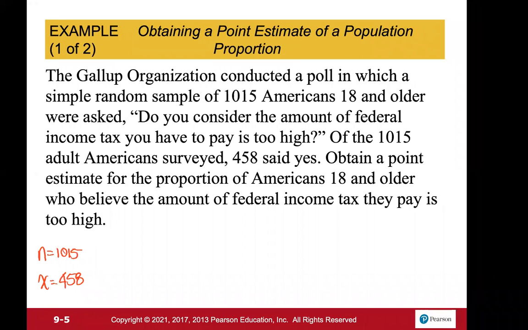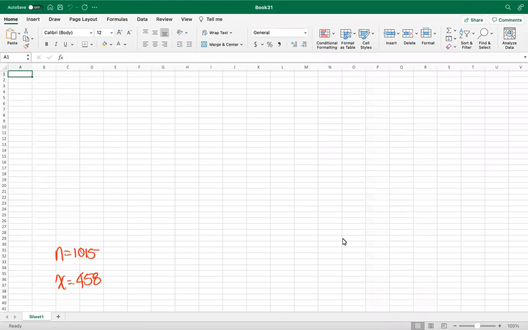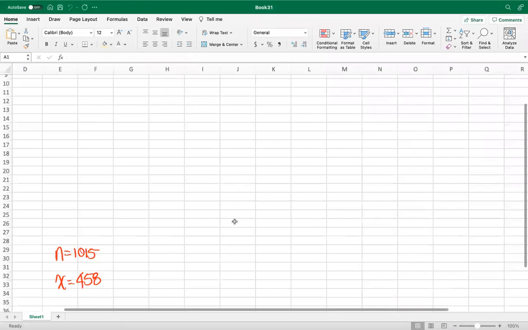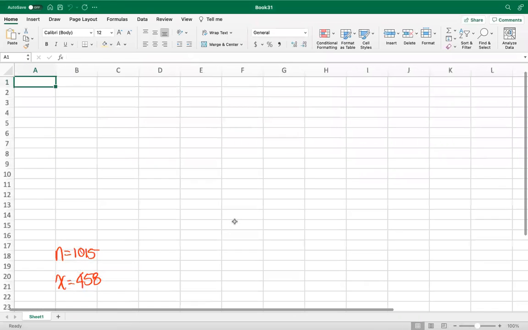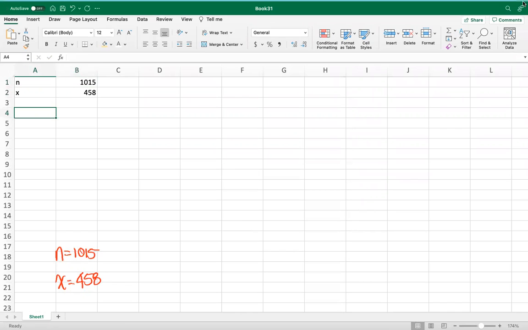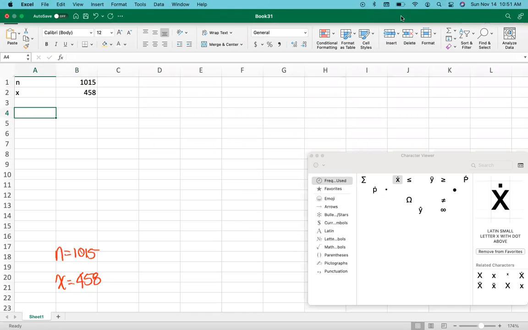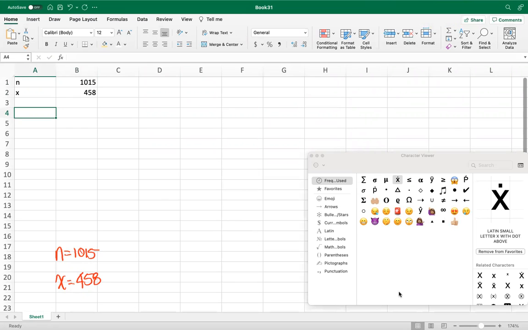So here we had 458 of them saying yes out of 1,015. N is 1,015, and X in this case is 458. Let's see if we have a P hat. It doesn't look like we have one, so we could just use this for P hat.